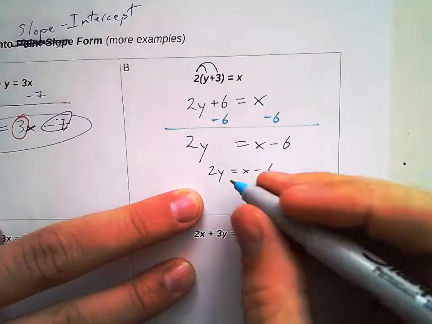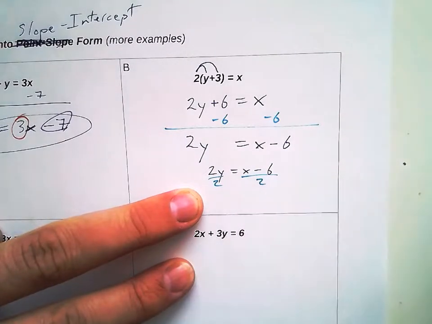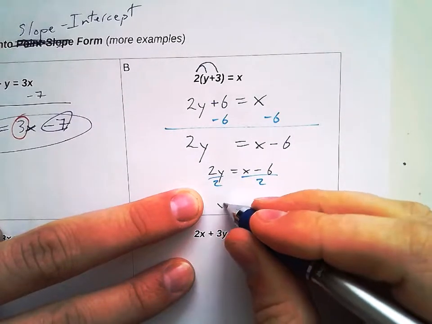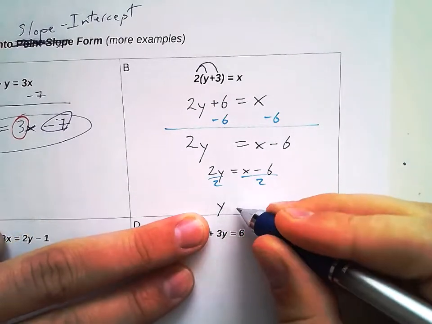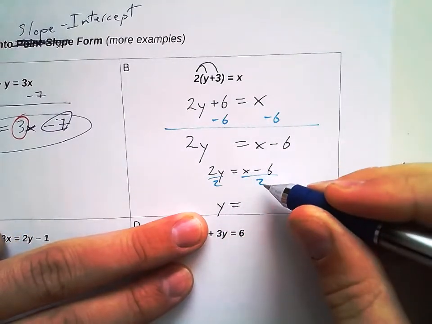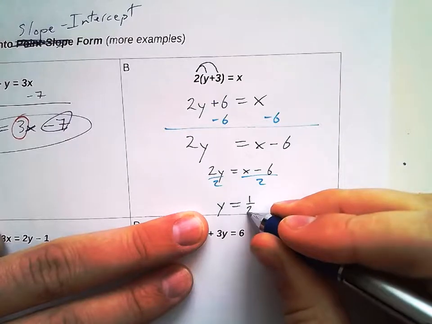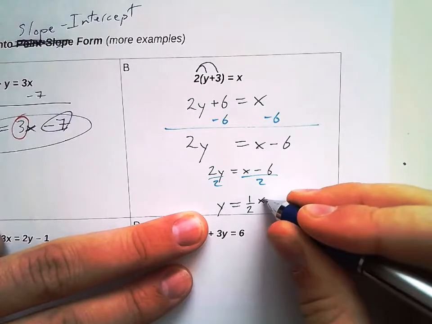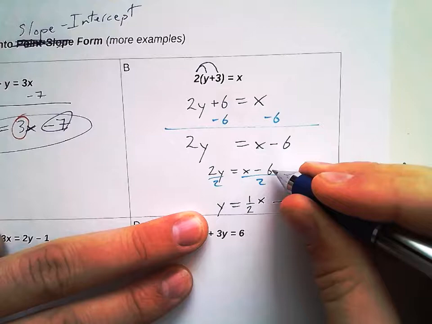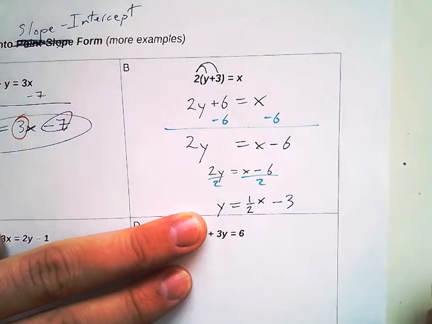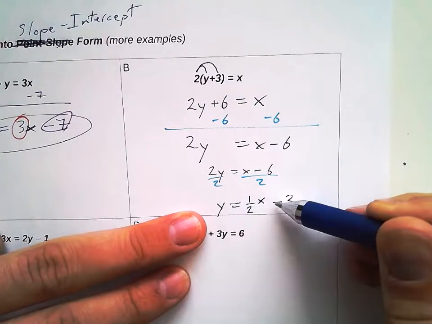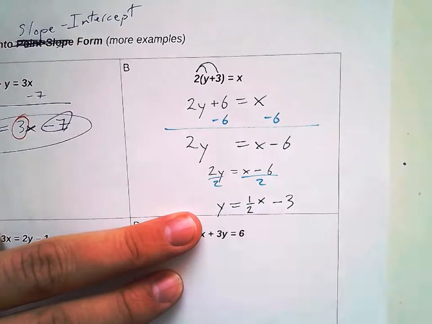And then I'll divide both sides by 2 and get 1y, or just y, equals x over 2, or I could say 1/2 x, minus 6 over 2 is 3, or negative 6 over 2 is negative 3.